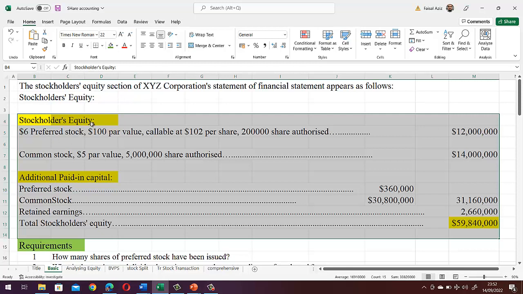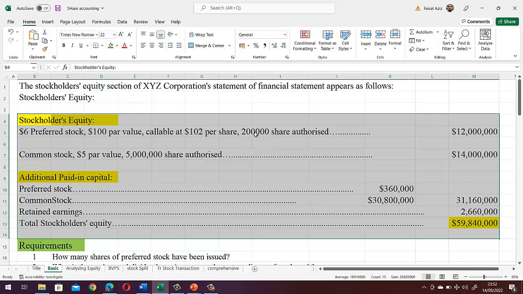In this stockholders equity, you can see that it mentions a preferred stock, or a preferred share, which has an annual dividend of $6 and a face value of $100, and this share is callable at $102 per share, meaning that the company can buy back its share at a price of $102 per share.